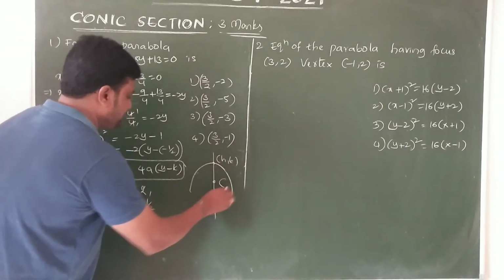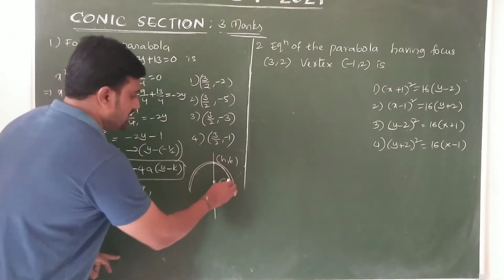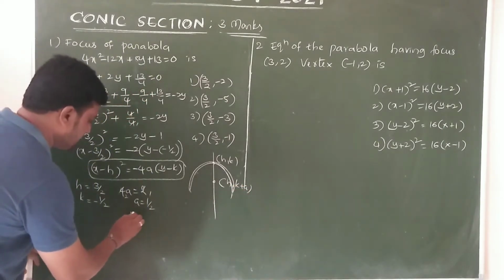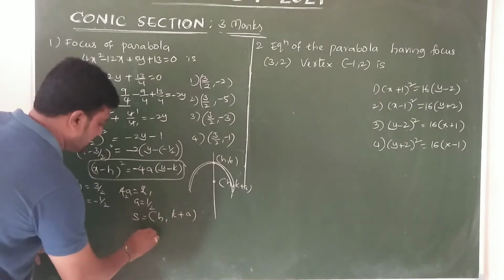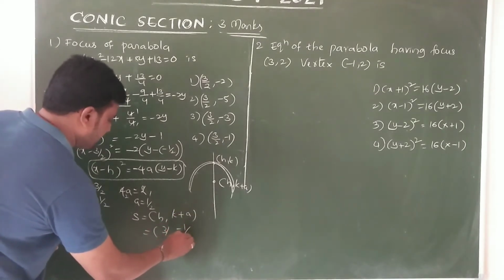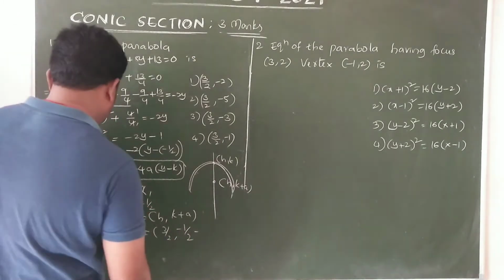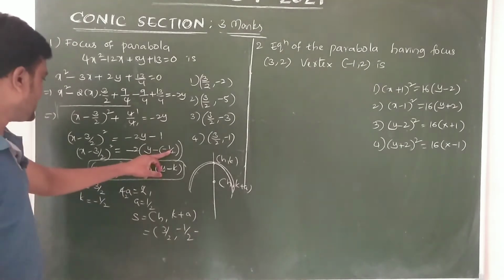Now it is a minus, so it is reverse: h comma k plus a. Focus is h comma k plus a. h is 3 by 2 and k is minus 1 by 2 minus and plus 1 by 2. k equals minus 1 by 2, okay.